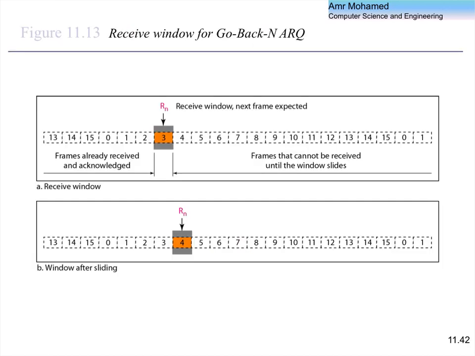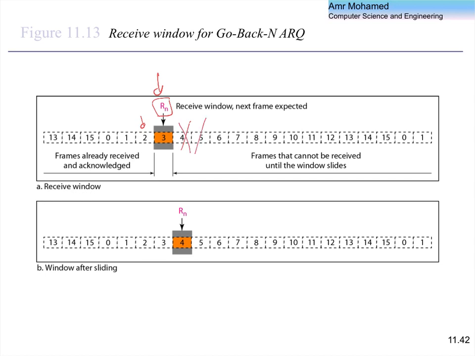That's why the receiver window is actually 1. Why? Because I'm always expecting 1 frame to come. If I receive frame 2, the expectation is that I'm expecting frame 3. I cannot expect frame 4. So I'm always pointing at the location for the frame that I'm expecting, and it's always one frame, the one in order.